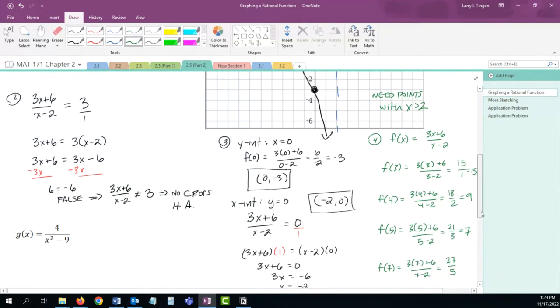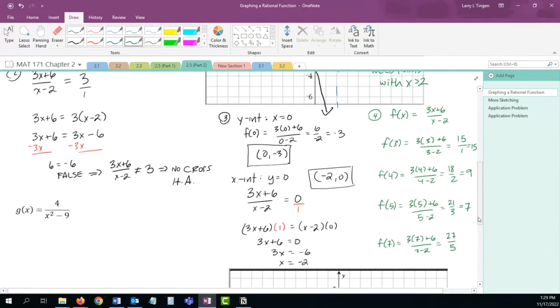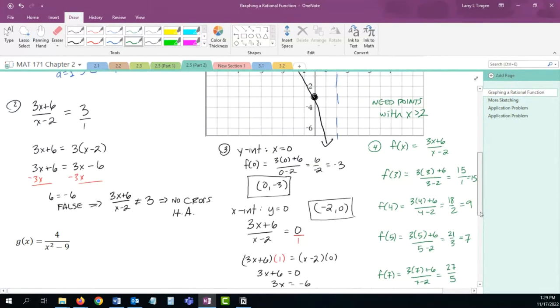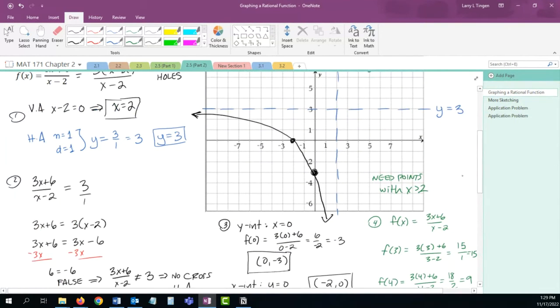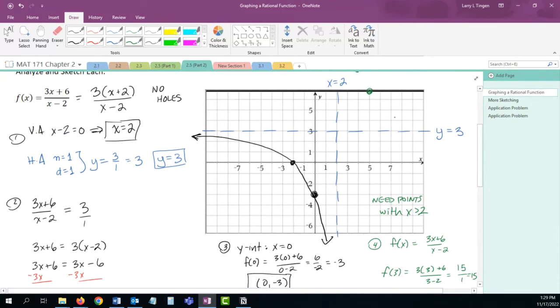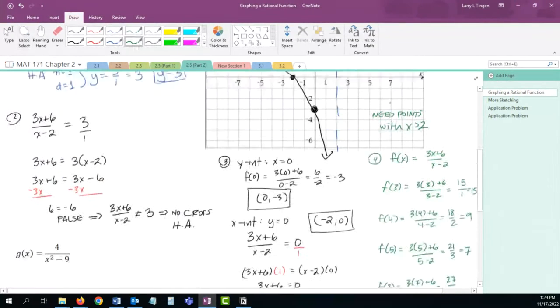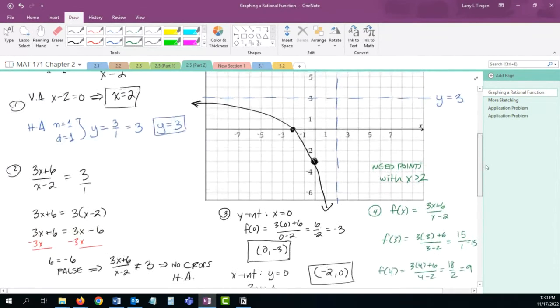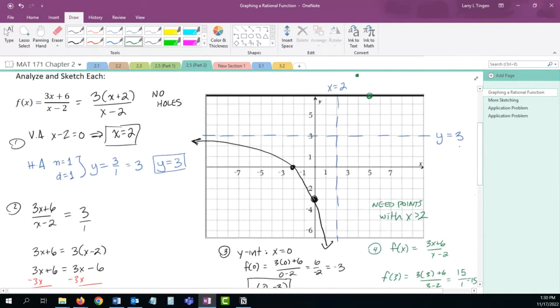So this is what I meant by my fraction's not pretty, but I can use it. 27 over 5 is 5 2/5, right? 5 goes into 27 5 times with a remainder of 2. So when x is 7, I'm over 5 but under 6. It's 5 2/5.